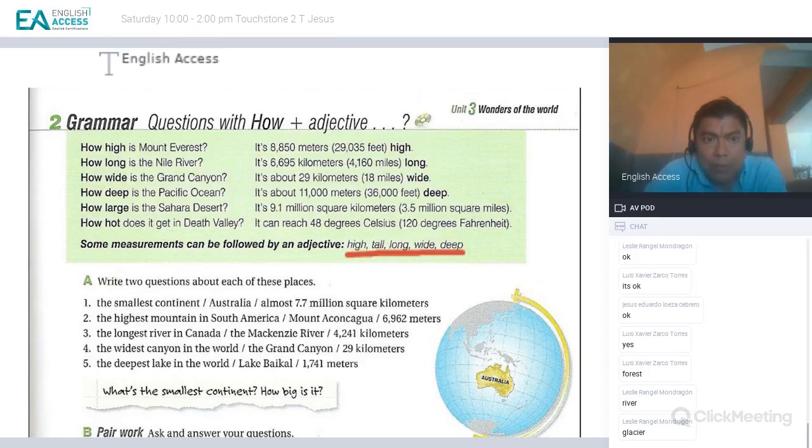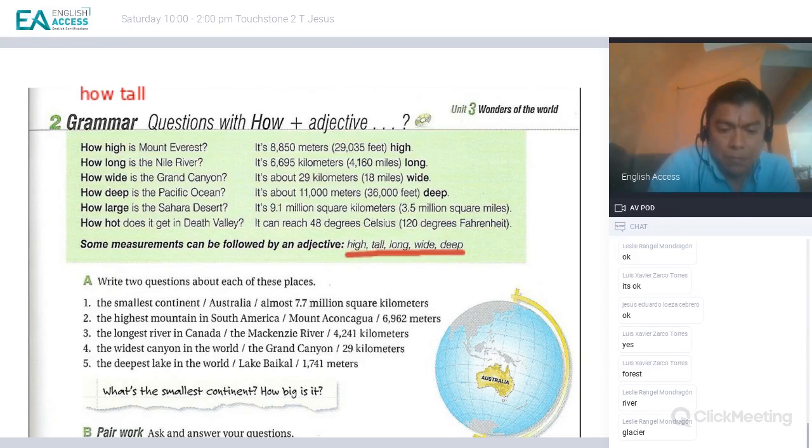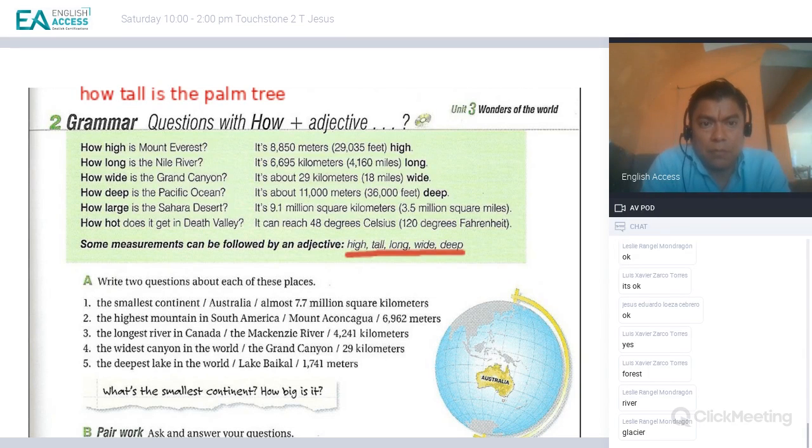I'll write an example. How tall is the palm tree in your house? What is the answer?